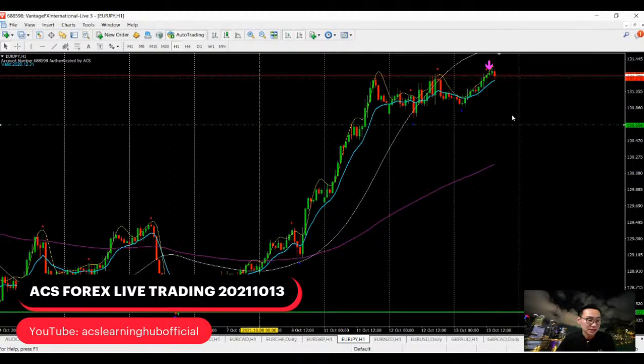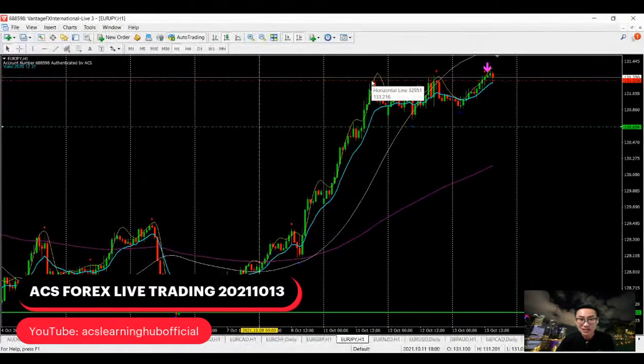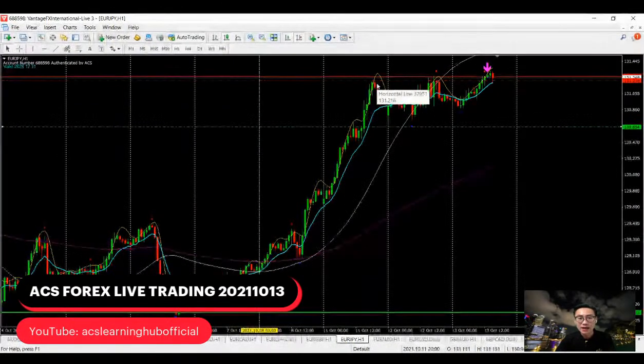However, why am I saying that I have to wait until the second half of the day before I actually start to sell? The reason is the first round of the buying hit on the resistance, and this resistance gave a push down, and it pushed down to form a support over here.